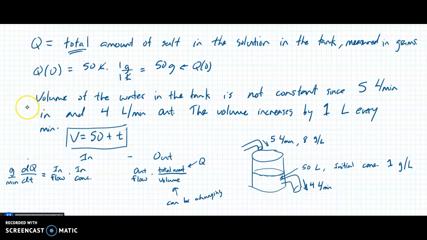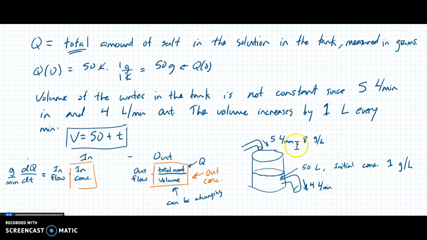Now, this fraction right here is pretty much equivalent to this, except it's out. What is that fraction? It's amount in grams over volume in liters. So this is really just the out concentration.